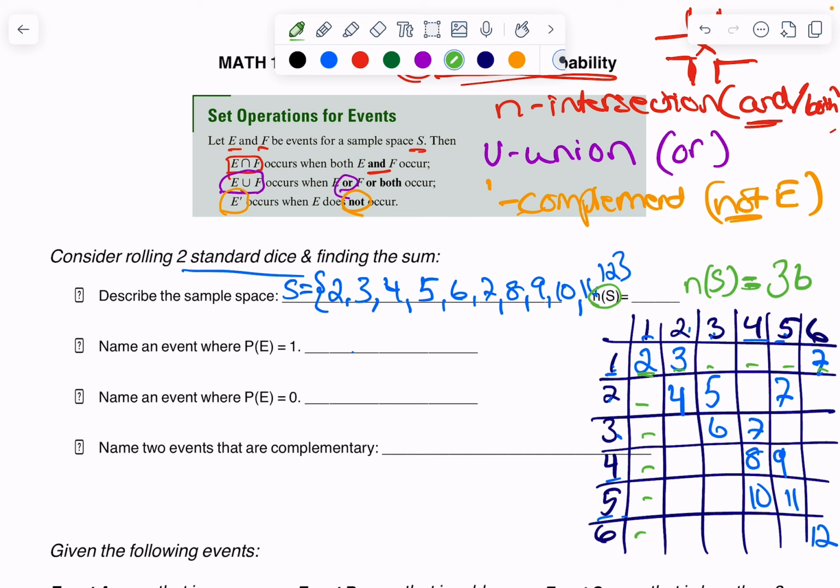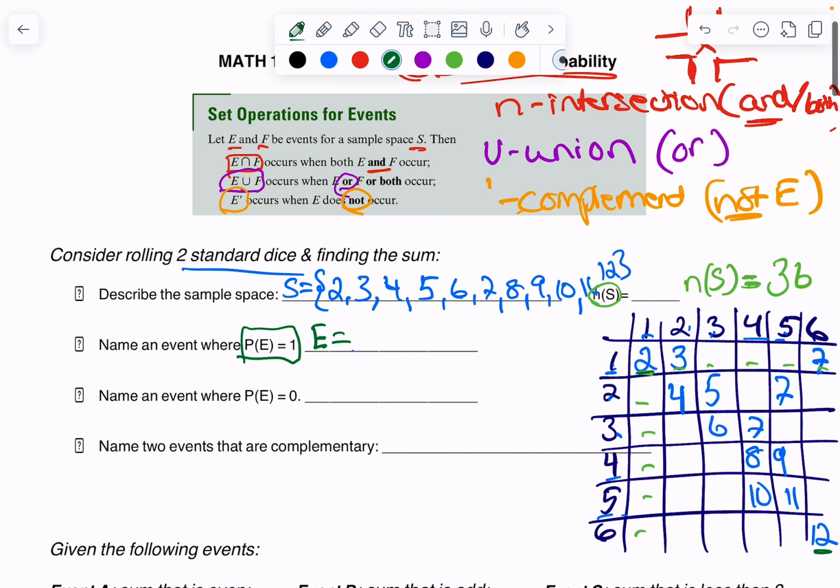Okay, next we're going to name an event where the probability of E is going to be 1. So that means that the outcome is going to be anywhere between 2 and 12. So 2 is less than or equal to sum is less than or equal to 12.